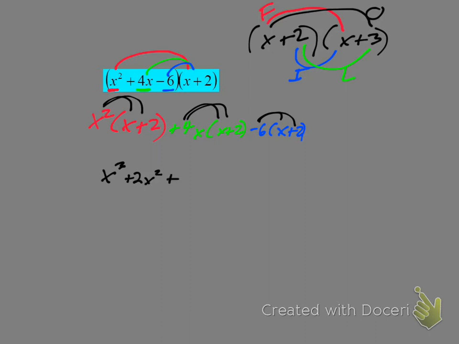Plus 4x times x gives you 4x squared. 4x times 2 gives you, well, that was a terrible 8. Let's try that again. 8x. Negative 6 times x. Negative 6x. And negative 6 times 2 gives you negative 12.